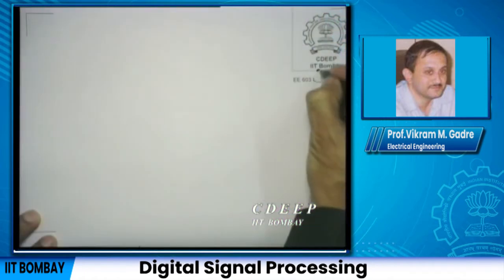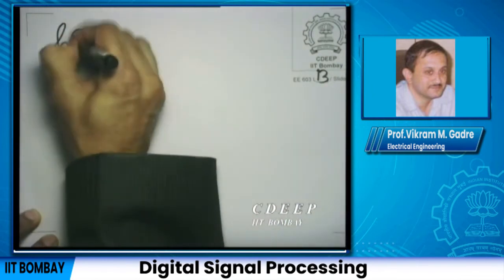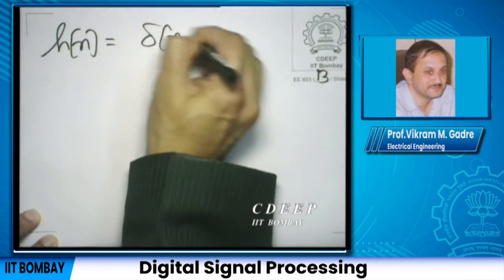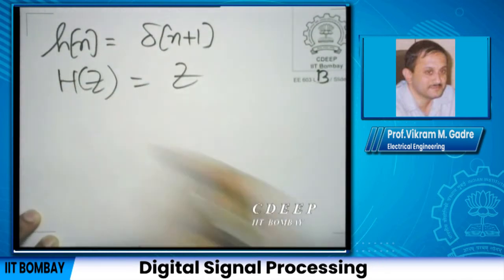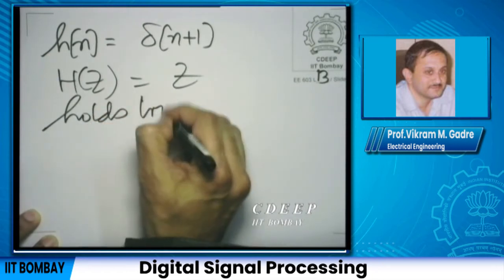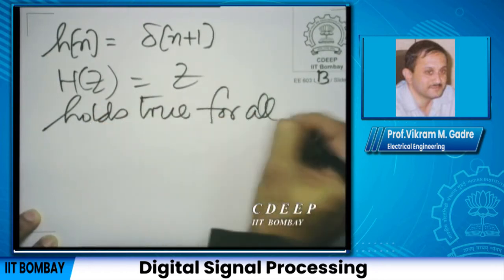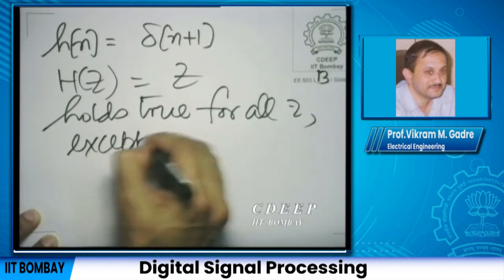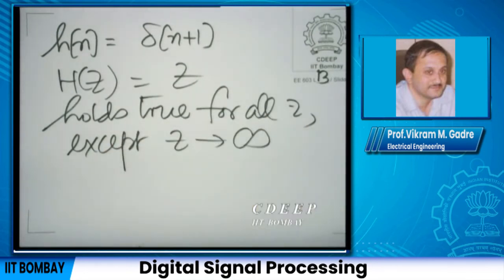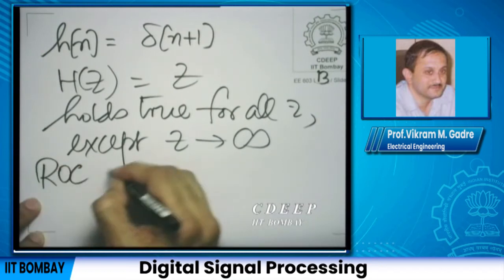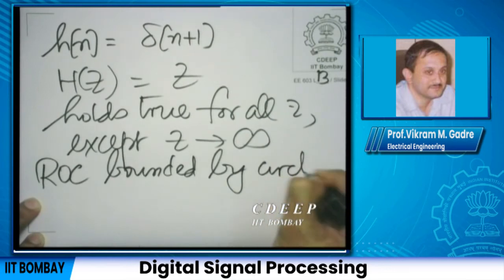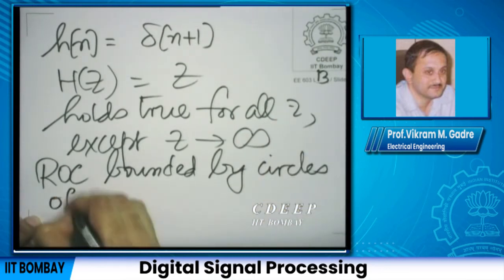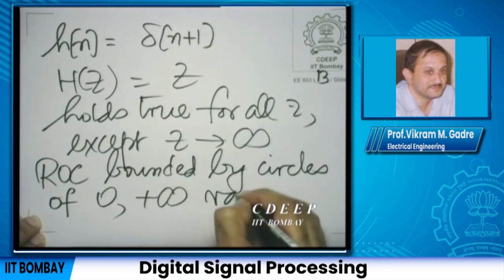Again, let us take another such example. Let us take h[n] equal to delta[n plus 1], and it is very easy to see that the Z transform is simply z, which holds true for all z except z tending to infinity. So, the ROC is again bounded by circles with 0 and plus infinity radius.